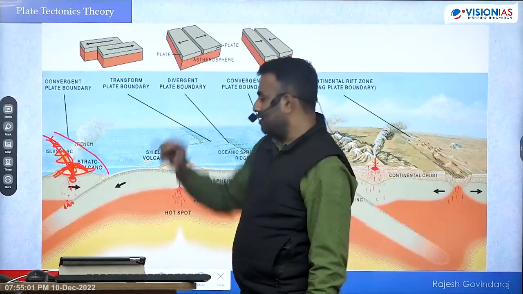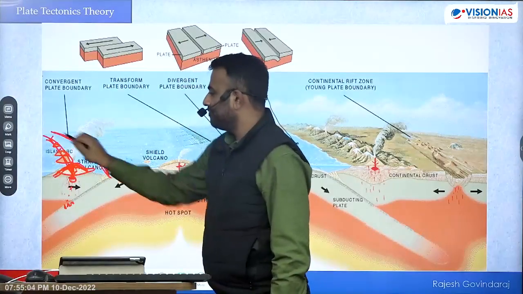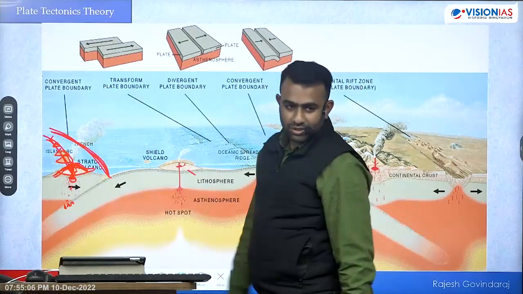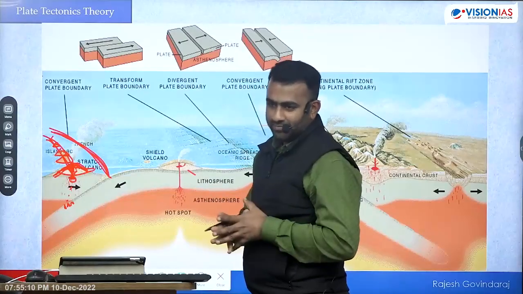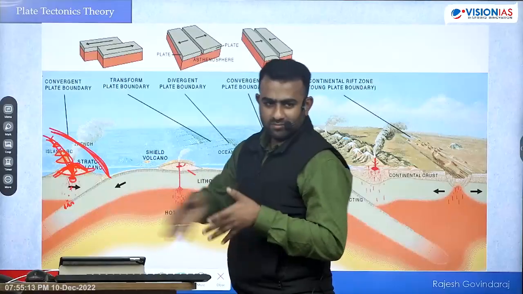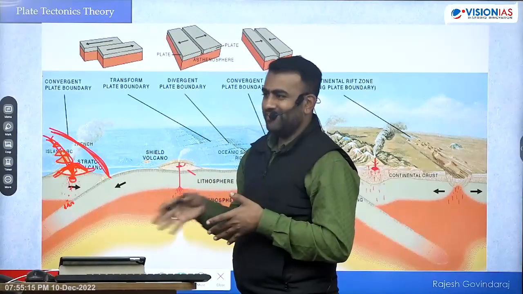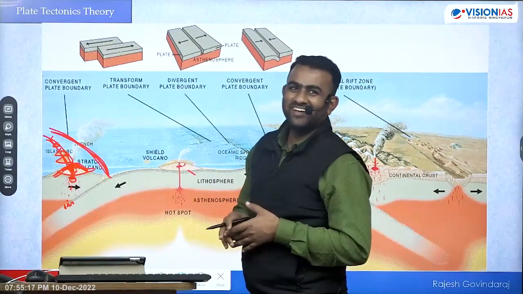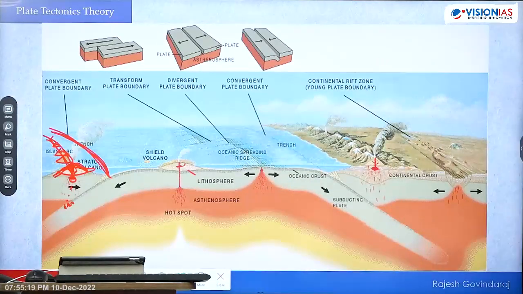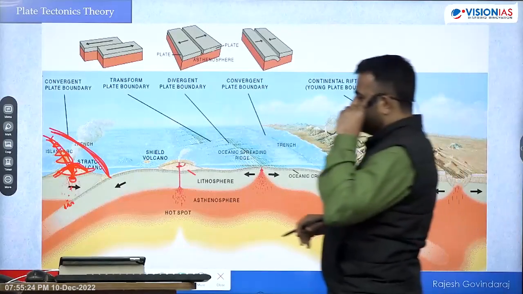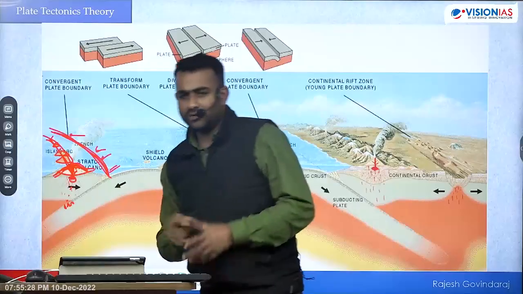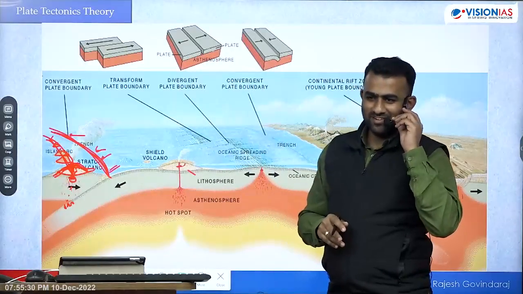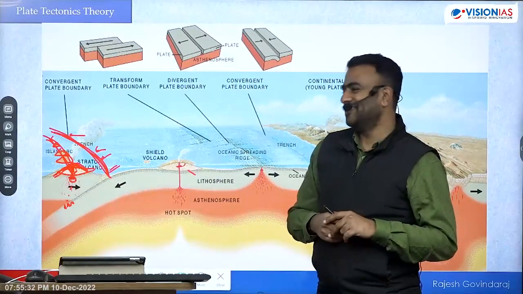Why arc shape? Because the trench is in arc shape. Okay, now why trench is in arc shape? Because the movement is not completely uniform. ऐसे straight line में नहीं जाएगा. कुछ जगह में आगे चले जाएगा, कुछ जगह में नहीं है. So in some place it goes faster, in another place it's slower.